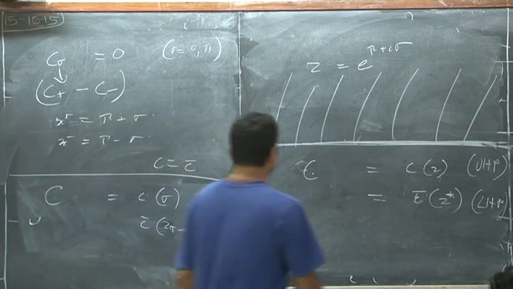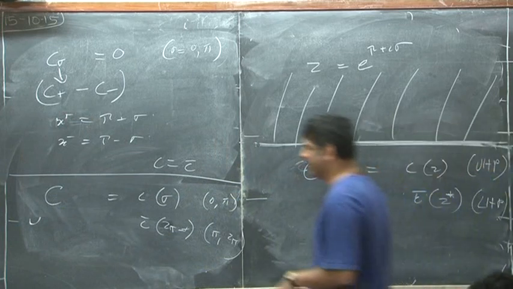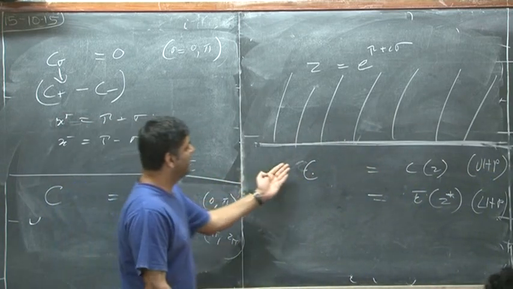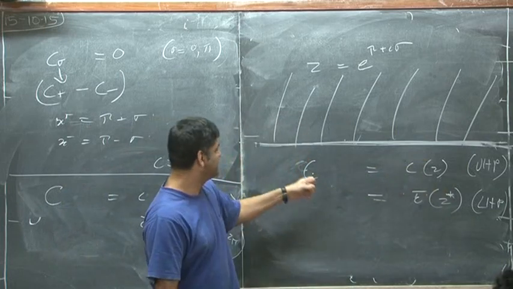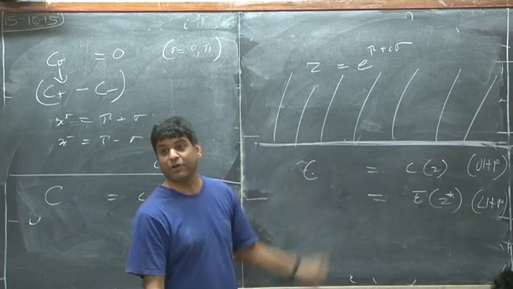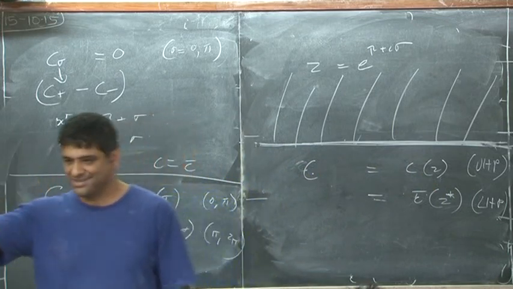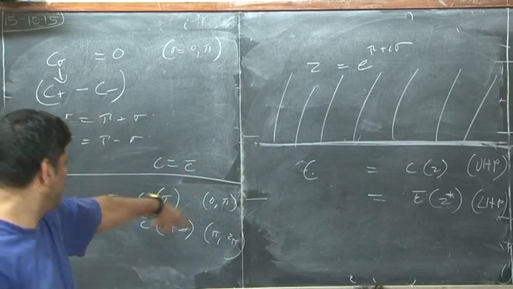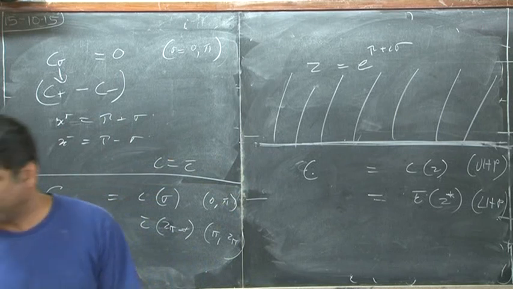Okay? So now suppose you wanted to compute correlation functions of the C and C bar. You just use the master formula that we already know for C: 1 over Z12, Z13, Z23, and then put in your replacements. Okay?